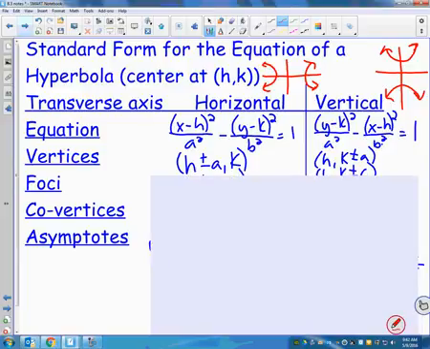So that's why it's (h plus or minus a, k). And if you're moving your vertices up and down, you're adding a to the k value. So that's why it's (h, k plus or minus a). And the foci, just like with an ellipse, we're just moving it c units. So it's going to be exactly the same, except we're going to change that a to a c.